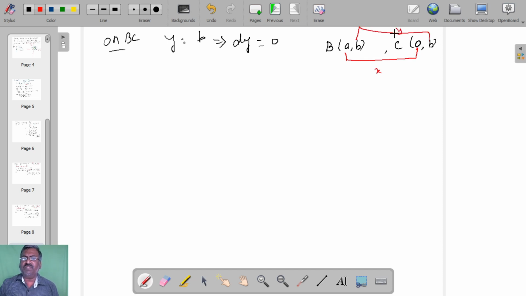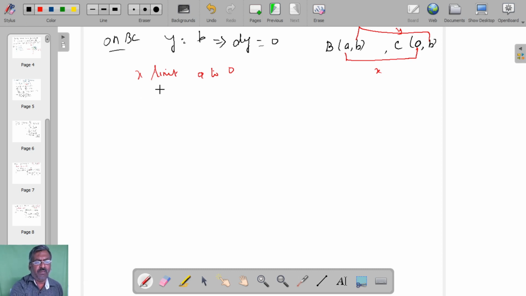So there is no change in y here. Only x varies. You are going to take the integration from B to C only. So B's x value is a, C's x value is 0. So the limit is a to 0.